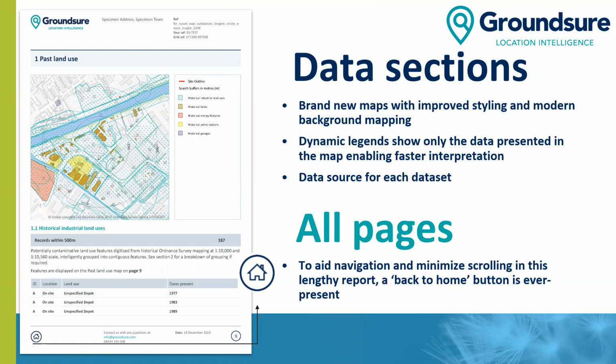That basically cuts out all the irrelevant features that could potentially be identified. Every data set is highlighted within the report, and also the data source of the data sets is listed. To aid navigation, in the bottom left corner of every page you have a home button that takes you directly back to the summary section.